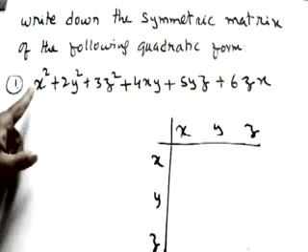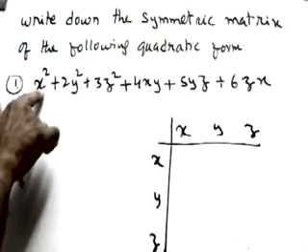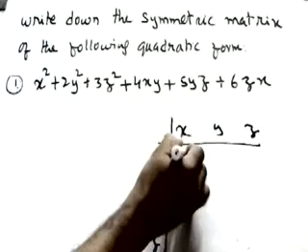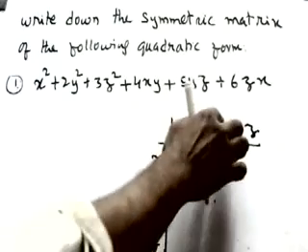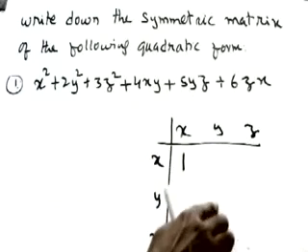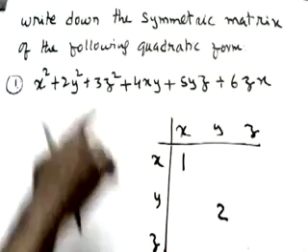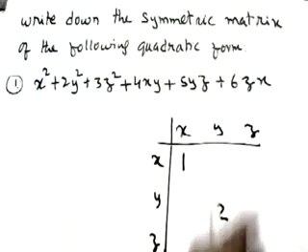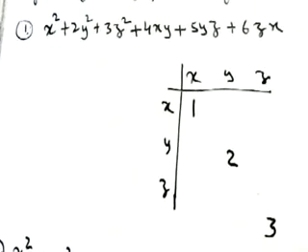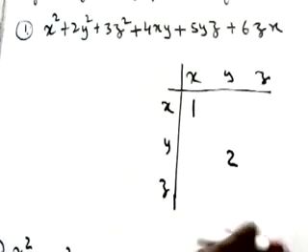So here you must get the x square coefficient. x square coefficient is 1, so write 1 here. Here what will you get? y into y, y square. So here you have to write the y square coefficient. y square coefficient is 2, so you write 2 here. And z into z, z square coefficient is 3.